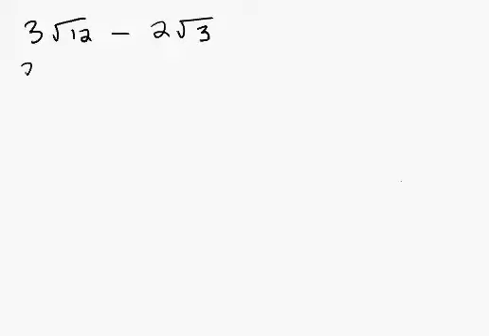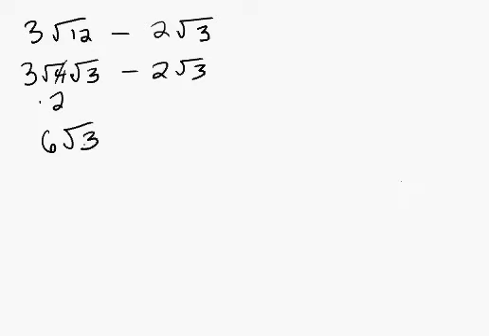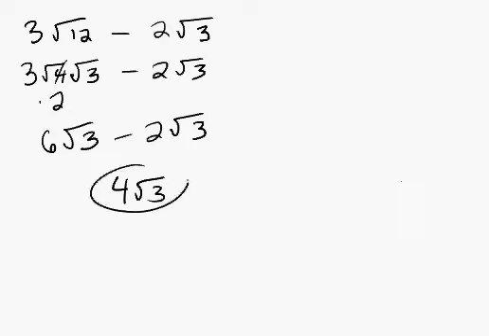So I'm going to rewrite this as 3 radical 4 times radical 3, and I'm going to subtract my 2 radical 3. Take the square root of 4 and get 2. If I multiply that, I have 6 radical 3 minus 2 radical 3. And then 6 of some quantity subtract 2 of that exact quantity, I'm going to get 4 radical 3. And that's my final answer.